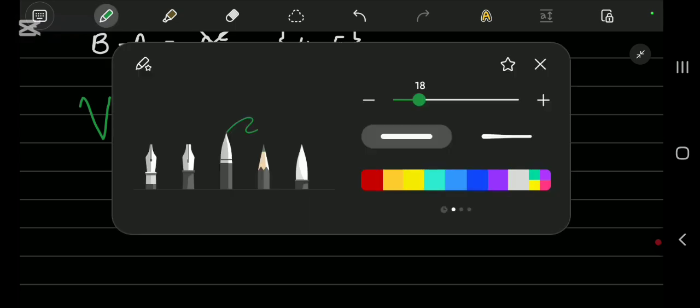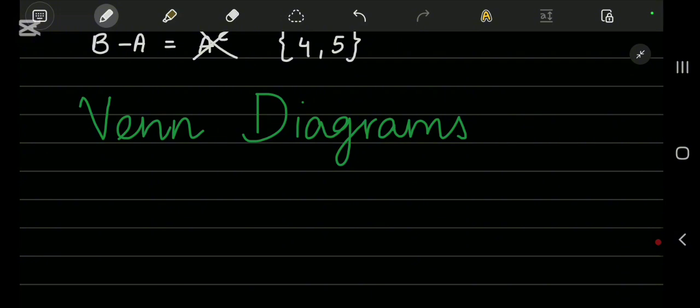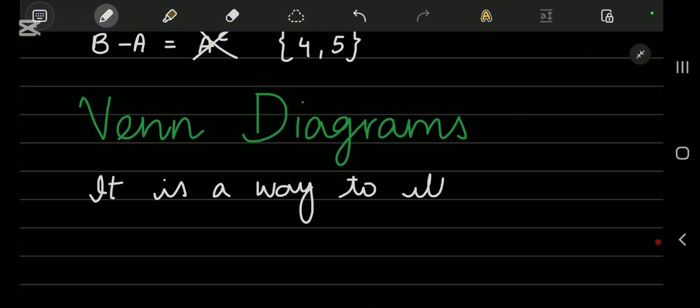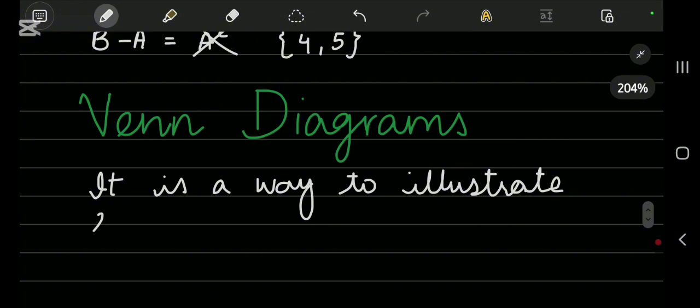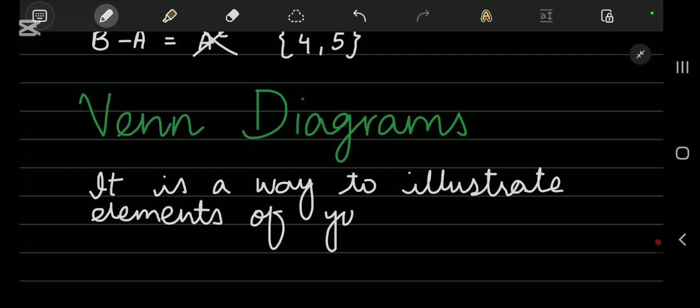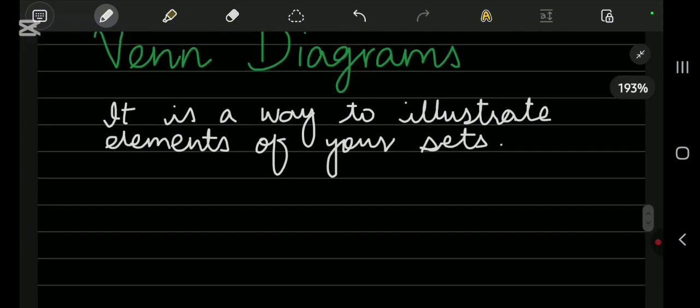What are Venn diagrams? When you visually represent the sets and the elements of the sets, these are your Venn diagrams. It is a way to illustrate the elements of your sets. What does a Venn diagram look like?